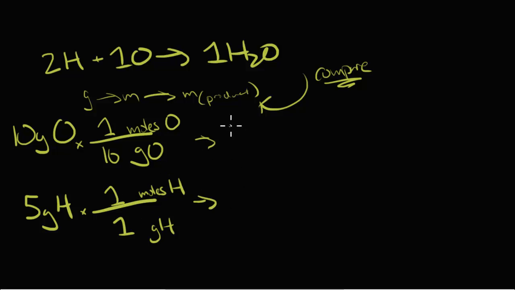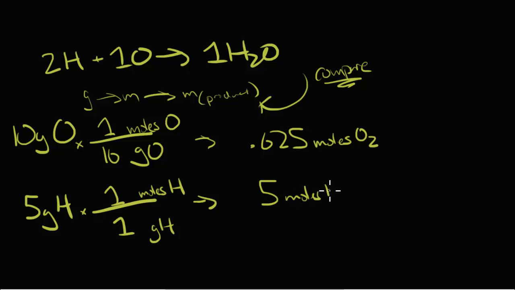This gives me 10 divided by 16, which is 0.625 moles of O2, and 5 times 1 times 1, 5 moles of hydrogen.